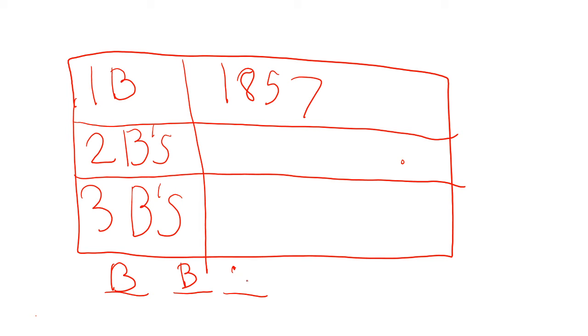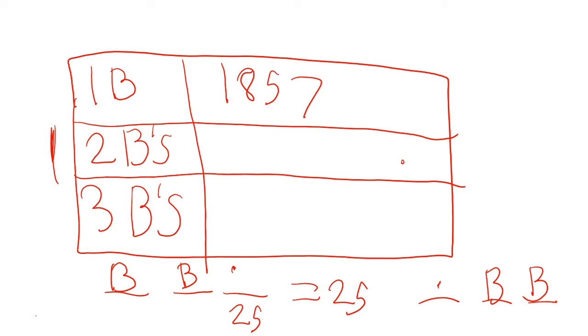This other letter can be anything but a B, since we're only counting 2 B's. So this is just 25. Another configuration can easily be counted: we can have a B and a B at the end.